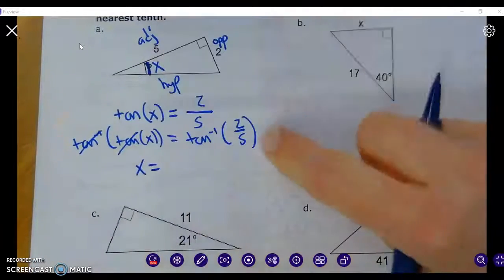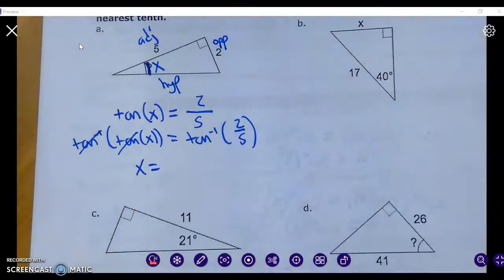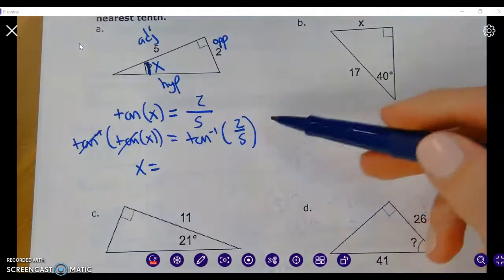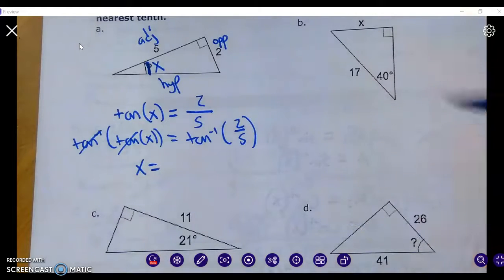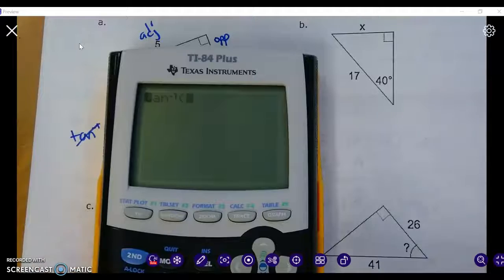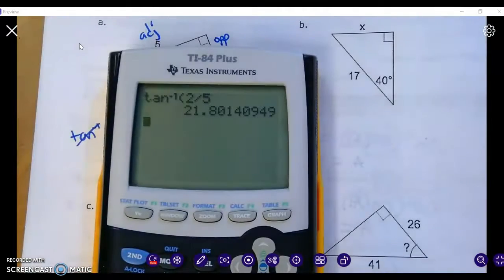So x equals, and then you can plug that in your calculator. Okay, anyone have x yet? I hear 21.9 and 21.8. Okay, so it should be 21.8.